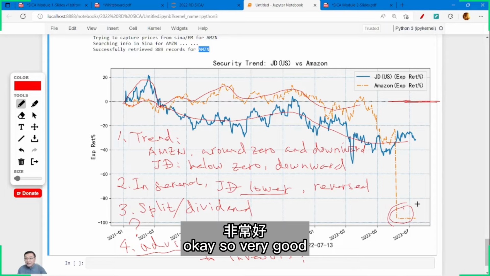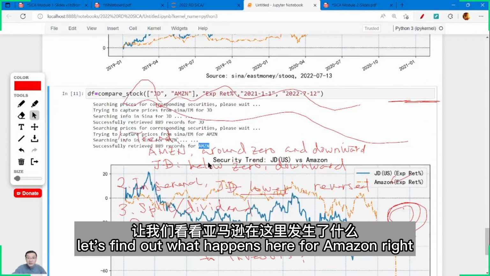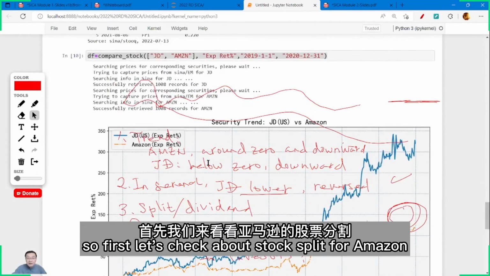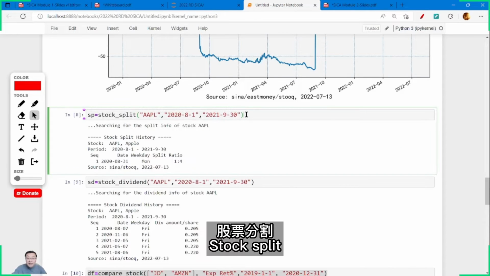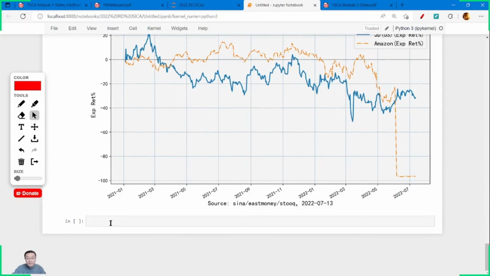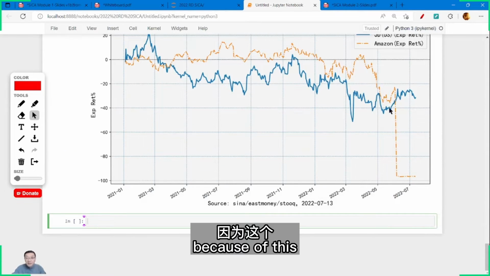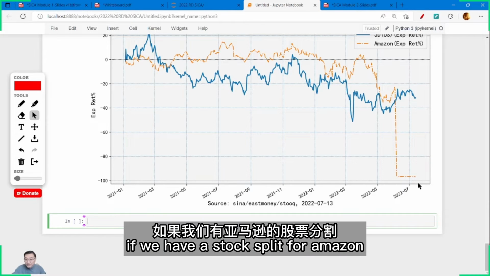Let's find out what happens here for Amazon, right? So first, let's check about stock split for Amazon. Stock split. Okay, here, stock split. If we have a stock split for Amazon, there must be a dramatic ratio.